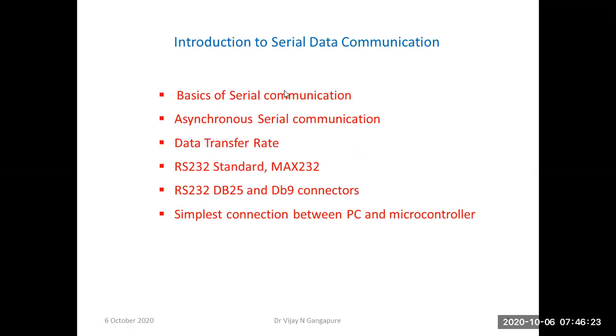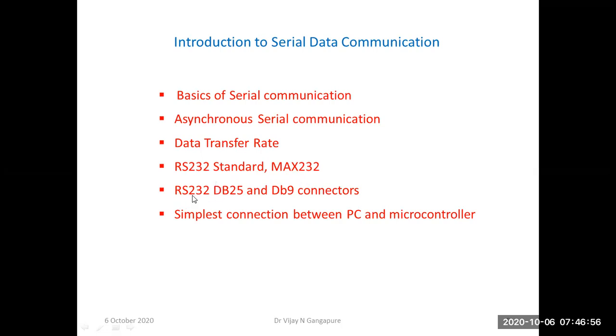In the first part, the introduction to serial data communication, we will see the basics of serial communication first, then asynchronous serial communication, which is available in the 8051, then data transfer rate, then the RS-232 standard and the MAX232 converter that is necessary while interfacing the 8051 serial port with the RS-232 port.